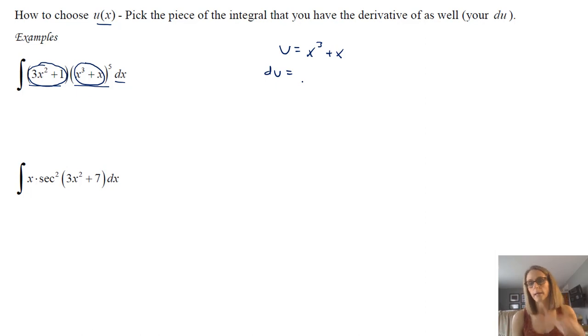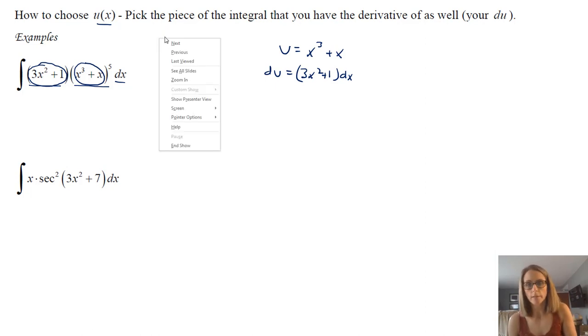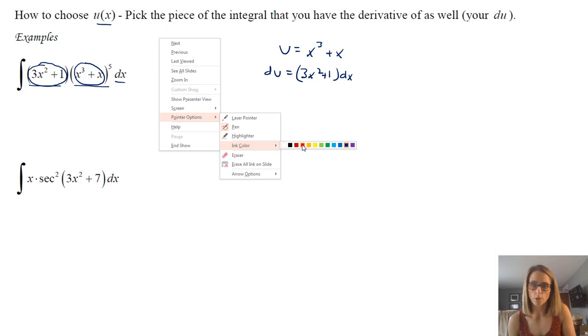We don't write du dx and then 3x squared plus 1. We would write du equals 3x squared plus 1 times dx, because we're always looking to replace that whole thing, 3x squared plus 1 times dx, with du. Having all the x's on that side will make our lives a little bit easier. So just go ahead and do that.